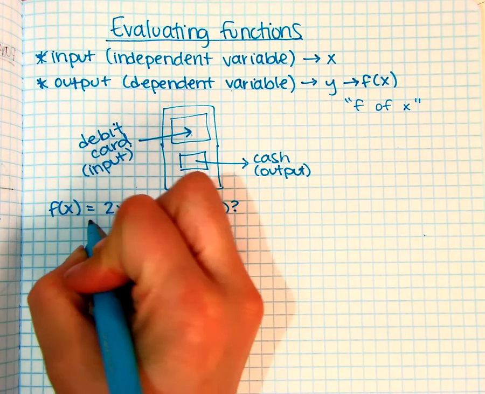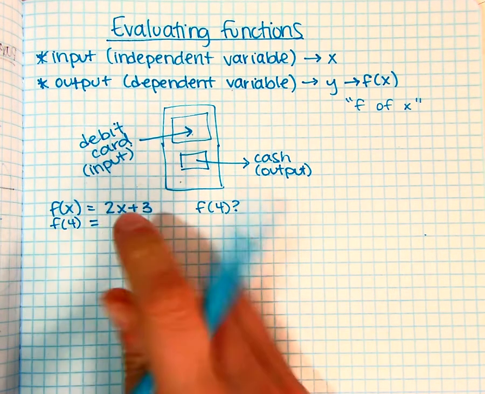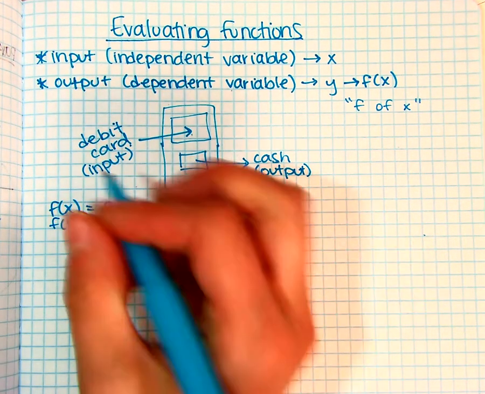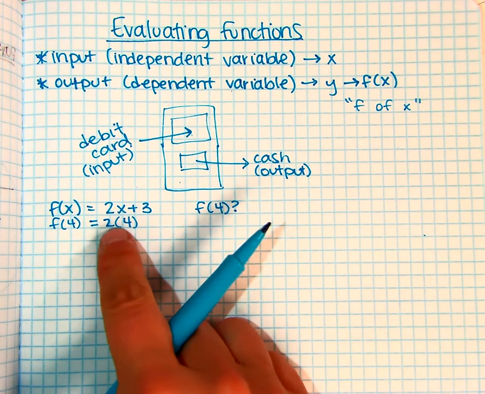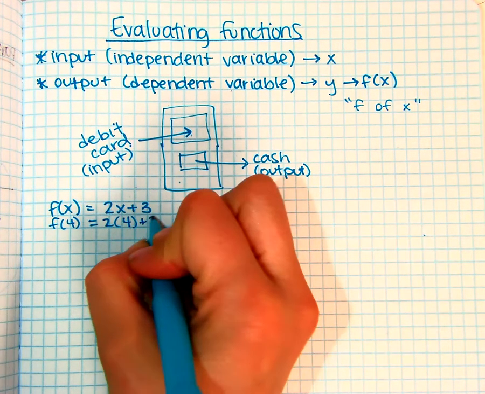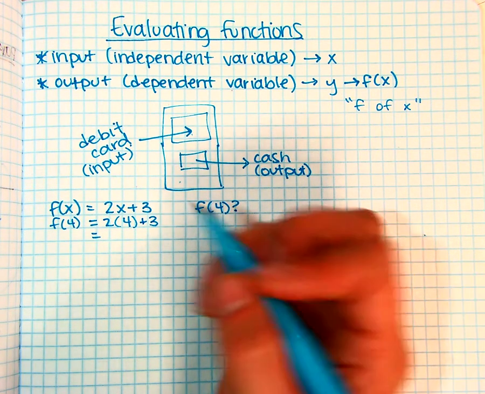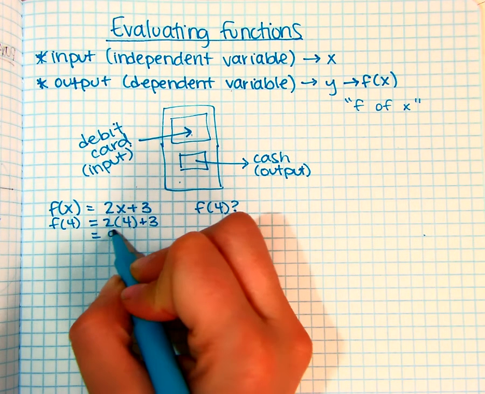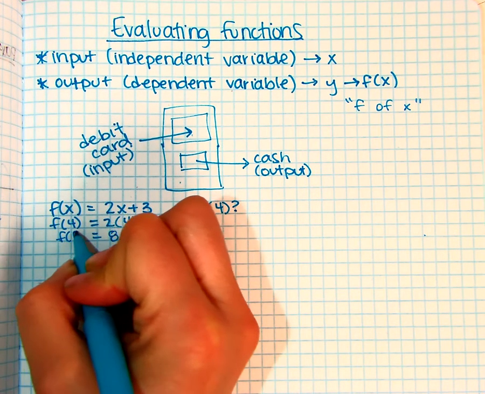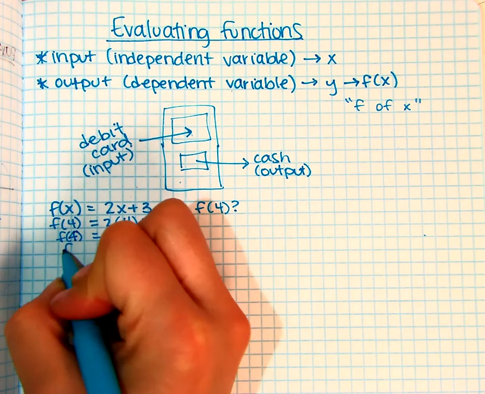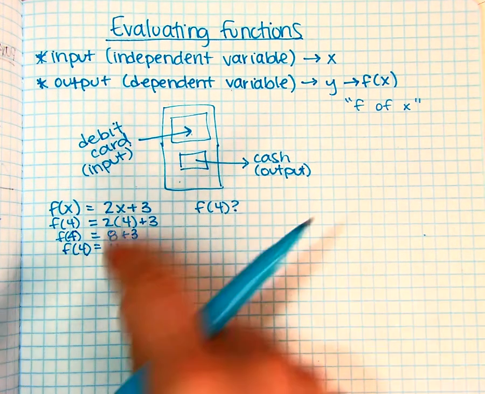This 2 right now is multiplying by this x, so when we replace it, we're going to put parentheses around it so we know we're multiplying. Then I just evaluate using my order of operations. 2 times 4 is 8, and this is still equal to f of 4. And 8 plus 3 is 11. So f of 4 equals 11.